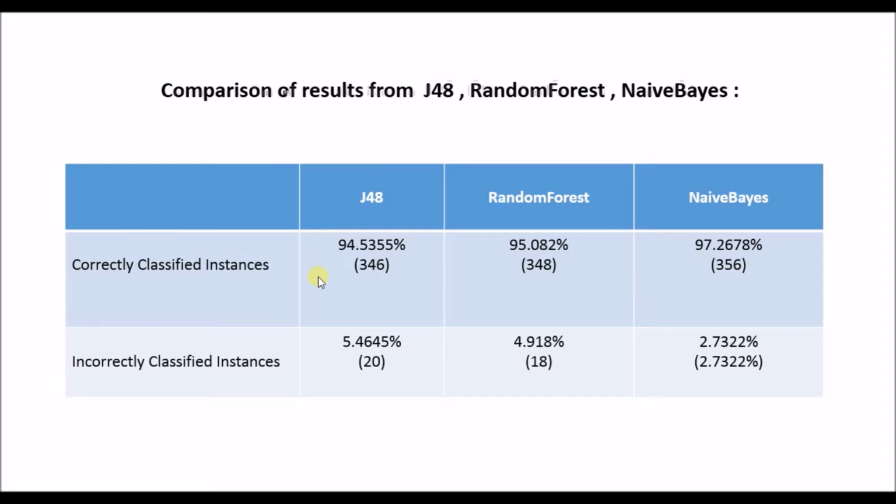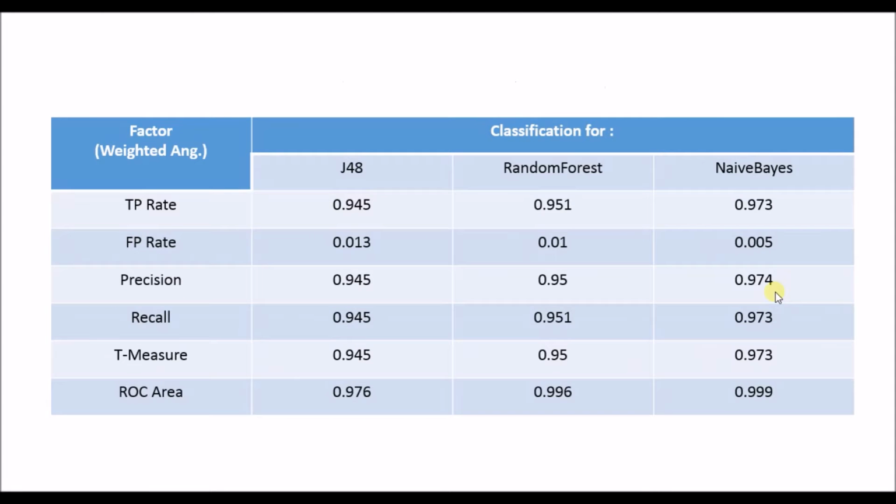For J48, the correctly classified instances is 94.5355%, and random forest is 95 something, and naive Bayes is the highest among the 3, at 97.267%. It is also the same for the average TP rate, FP rate, precision, recall, F-measure, and ROC for the 3 models.